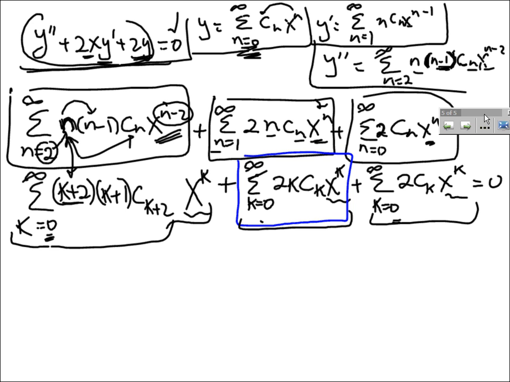Now that all my summations are starting at the same value, I can write it as one summation, as k goes from 0 to infinity. And in addition, they all have one factor in common. They might have others, but I'm only concerned about that factor.